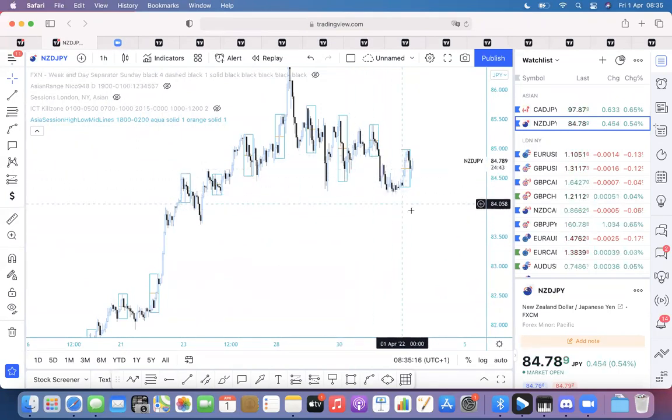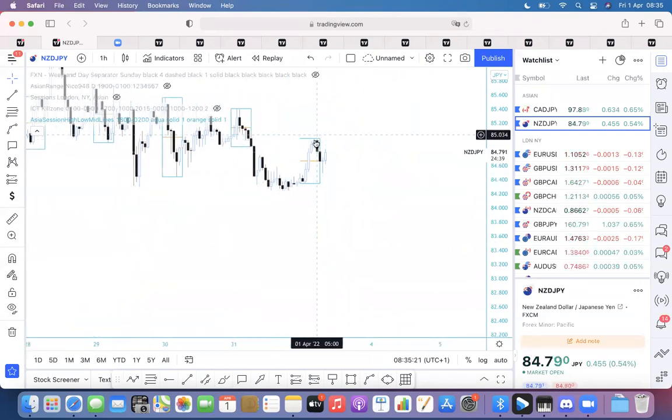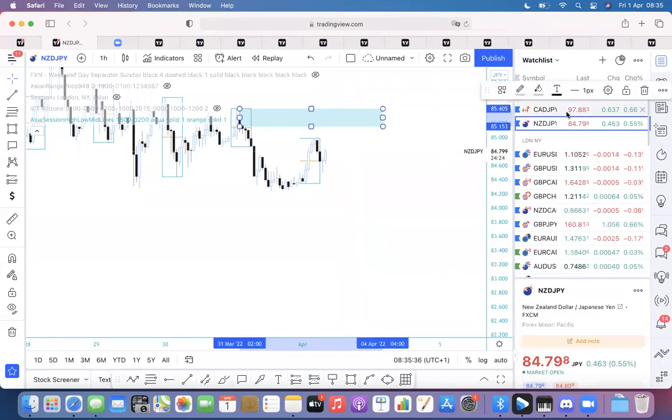This is not a strong break of structure to confirm direction. You're entering inside the Asian range. I personally wouldn't. I'm not saying you're not correct. I personally wouldn't, as Asian range highs are usually taken out, and maybe we go to this higher area. So not really my favorite setup, I would say.